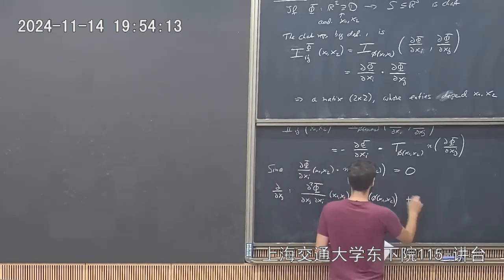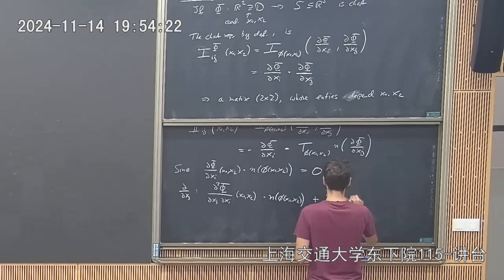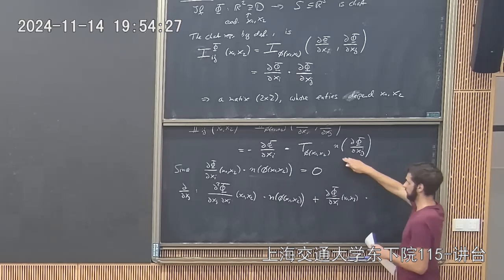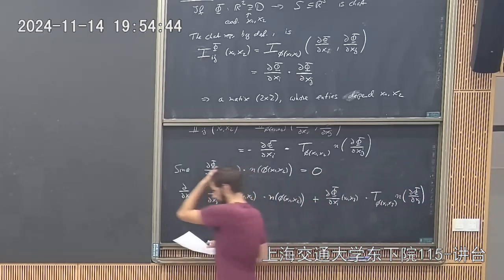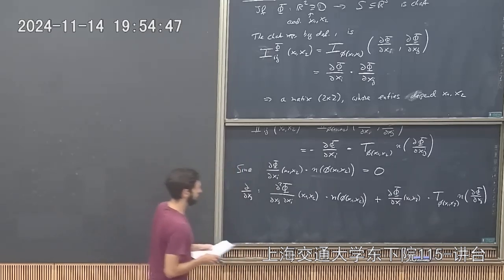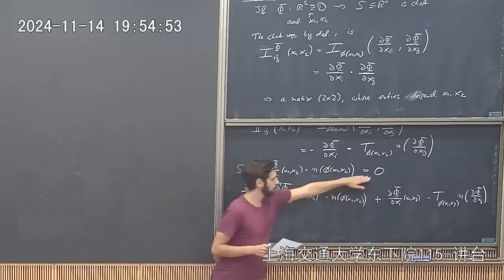And now we get the second term, which is plus the derivative of phi in xi at x1, x2 times, and now here we get the normal changing map in the second derivative. So this one is the normal direction in the dphi/dxj direction. And this whole sum has to be 0, because we have 0 here.